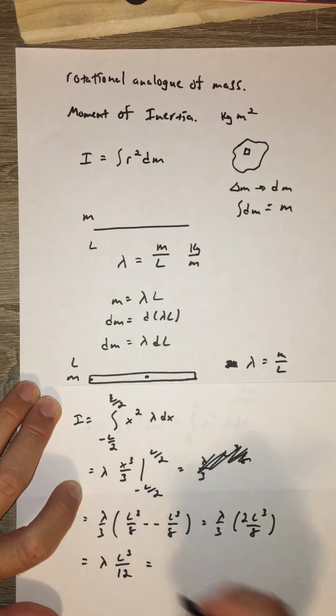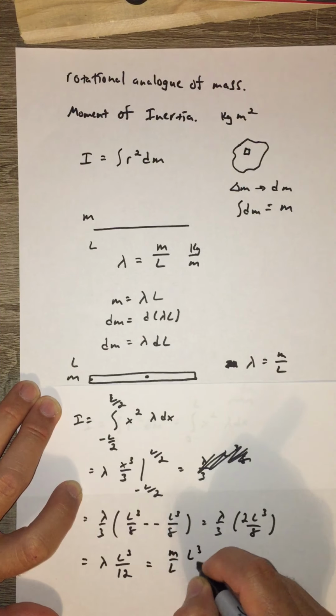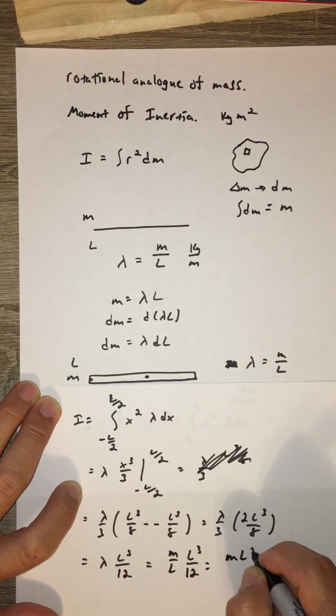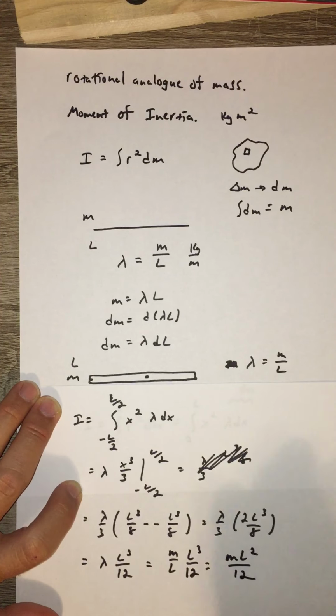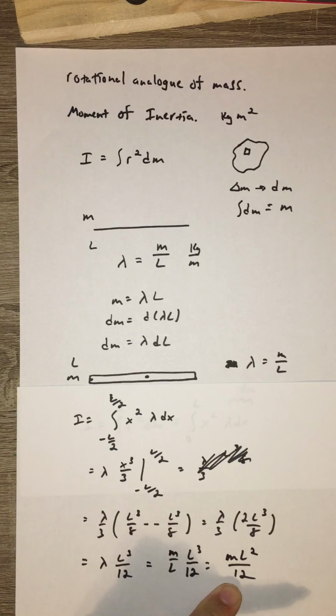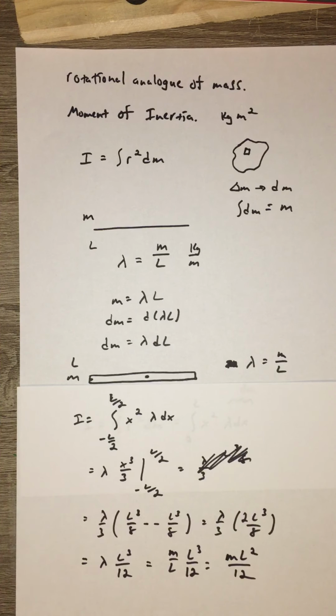And then recognizing that lambda is m over L times L cubed over 12, I get mL squared over 12. Now, if I look this up on a chart, what is the moment of inertia of a thin rod about its center? I'm going to get 1/12 mL squared.